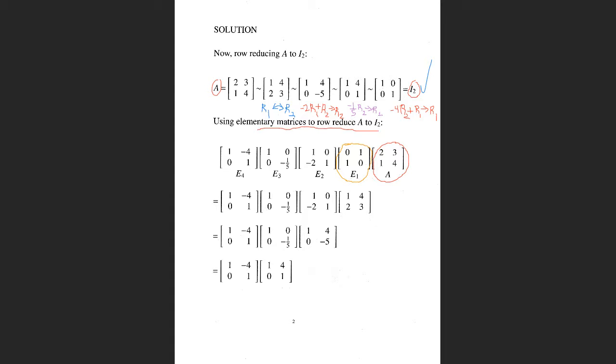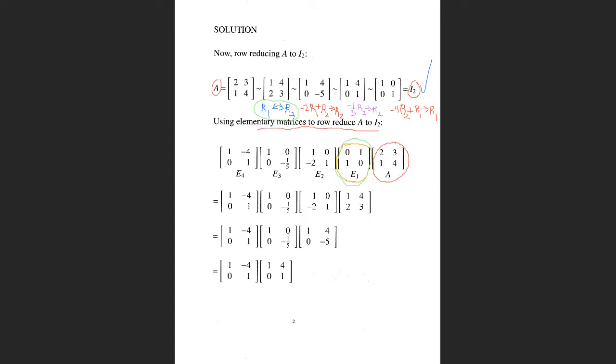The identity. That's right, Benjamin. That's right, Marvelous. So an elementary matrix is when you take the identity matrix and perform a row operation. Well, the first row operation I did was to swap rows 1 and 2. The elementary matrix E1 here is the same as taking the identity and swapping rows 1 and 2. Swapping the rows.